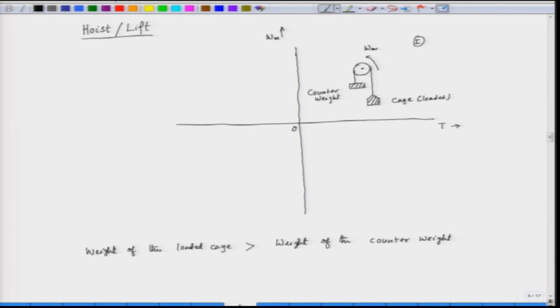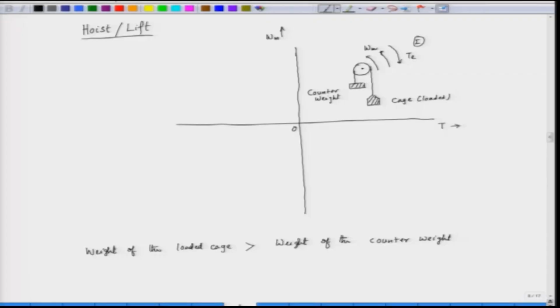So, in this case the load torque is down below. This is the load torque. The load torque is trying to drive it in the clockwise direction. The motor torque and the load torque always oppose each other. If this is the motor torque, the load torque opposes the motor torque. So, the motor torque will be in the opposite direction.